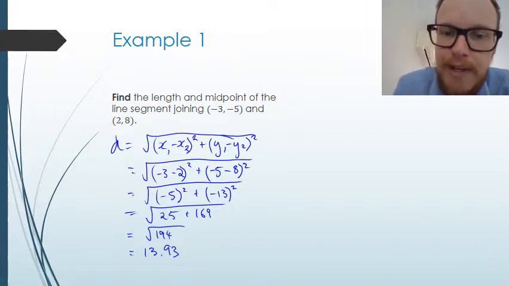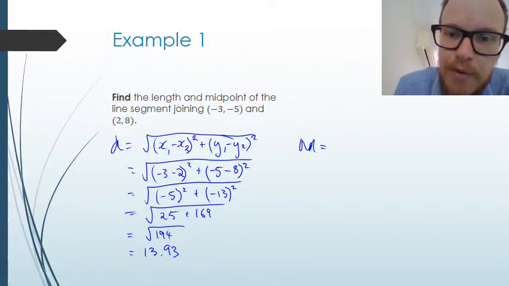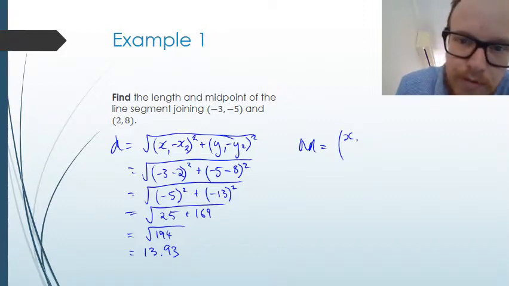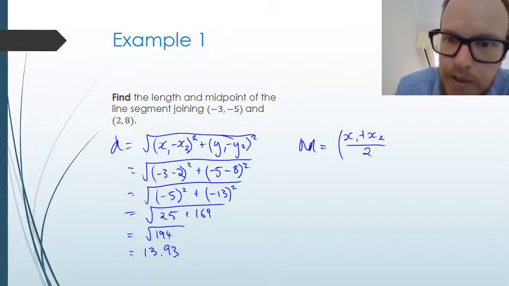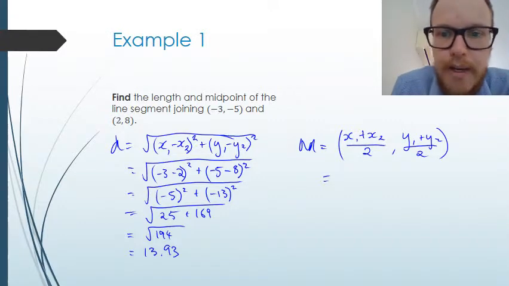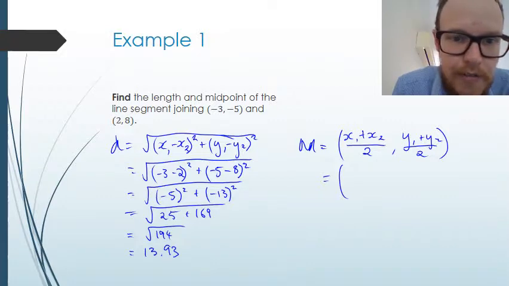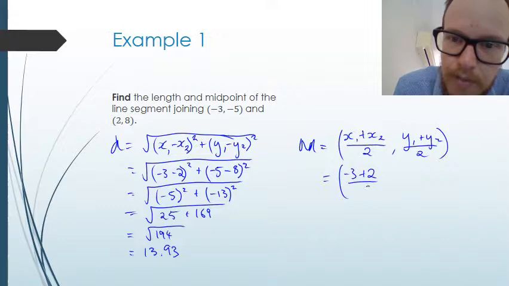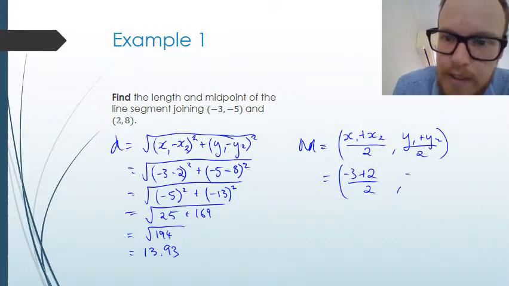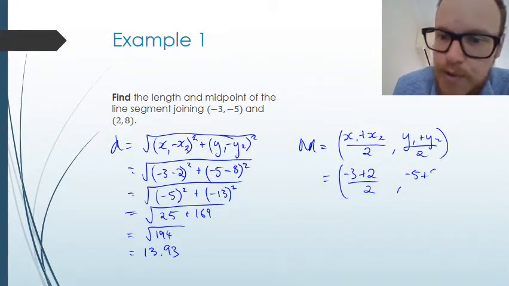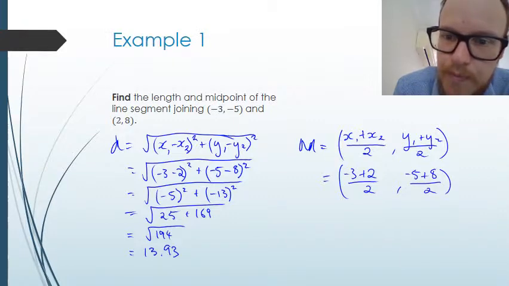To find the midpoint now, we use the midpoint formula: x1 plus x2 divided by 2, and y1 plus y2 divided by 2. So our x1 is -3, x2 is 2, divided by 2. y1 is -5 plus y2 is 8, divided by 2.